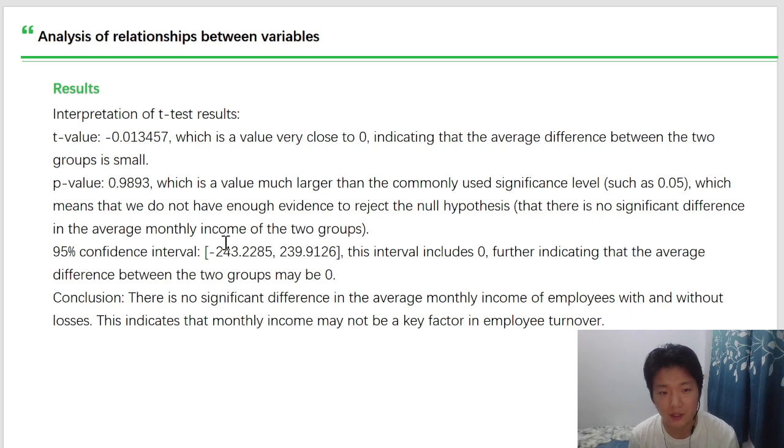So we consider that there is no significant difference in the turnover of employees with and without a loss.